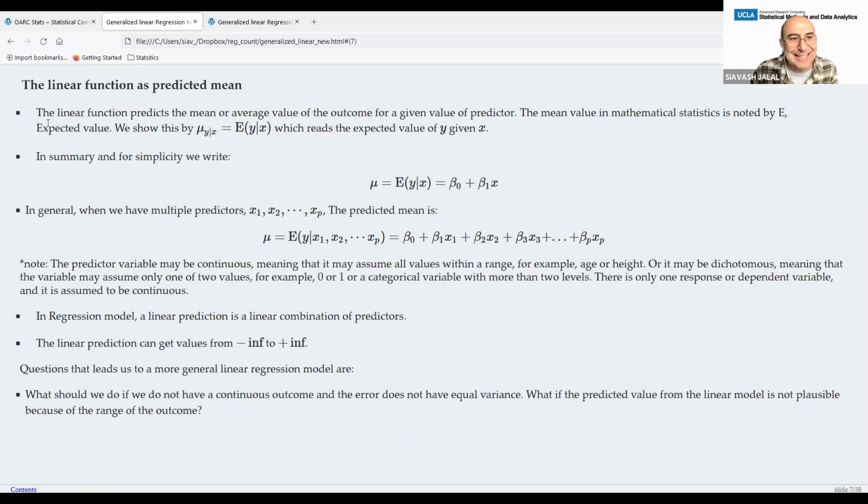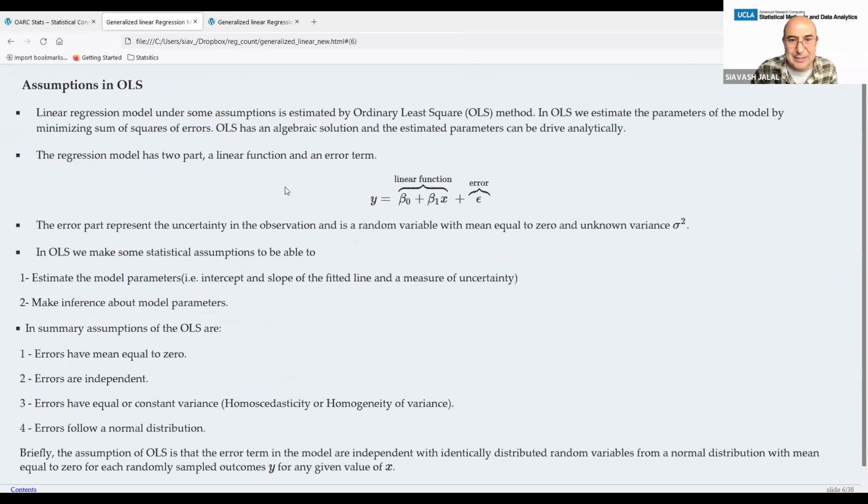In the linear model, there is another thing that I showed you. There are two parts. The systematic part, or linear part, is actually the mean or expected value of the outcome, given the predictor X. So given predictor X, you have an outcome which is from this formula, right?